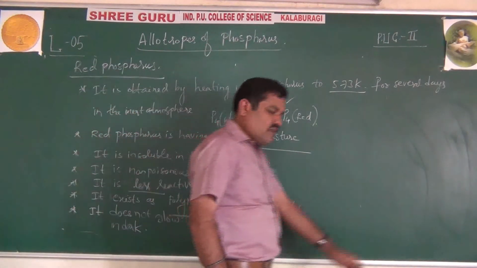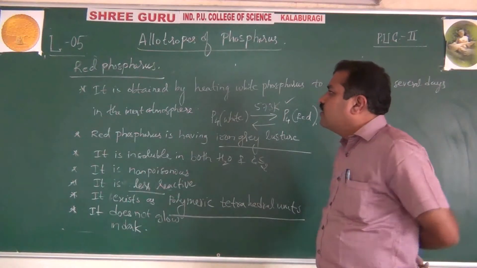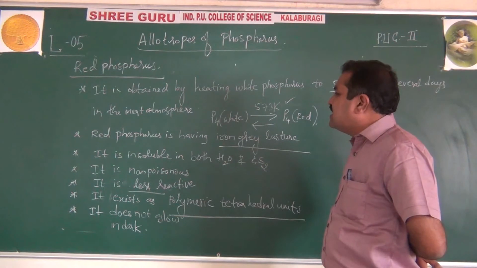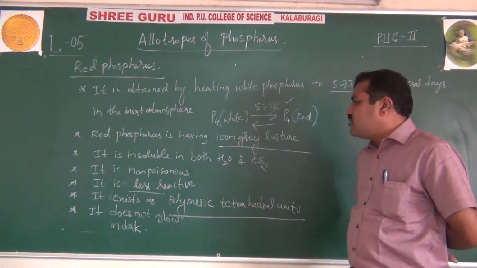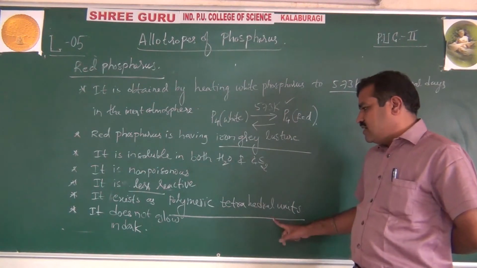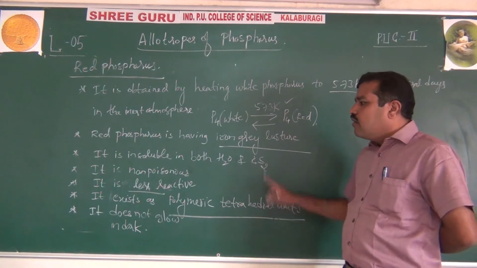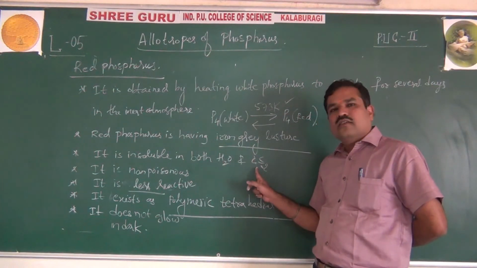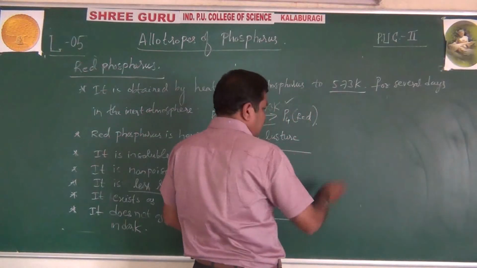Remember, this is the difference between white phosphorus and red phosphorus. Just observe: red phosphorus is obtained by heating the same white phosphorus to 573 Kelvin for several days in an inert atmosphere. It has polymeric tetrahedral units. Because of this, it loses angle strain and becomes less reactive, non-poisonous, insoluble in both water and carbon disulfide. What is that, sir? The polymeric tetrahedral structure.